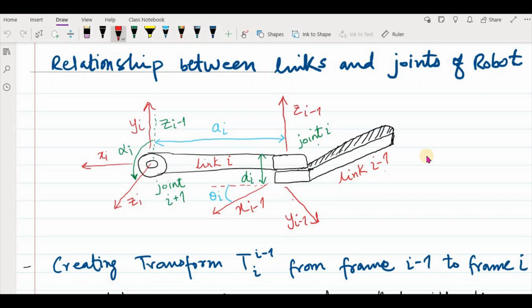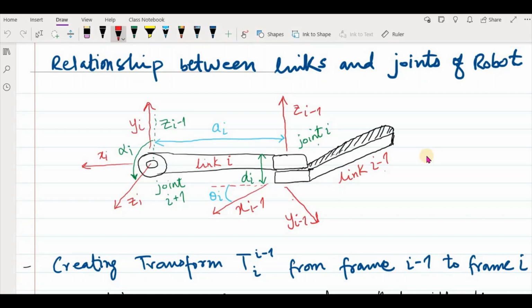Then we move to the link i and joint i plus 1, and we also attach a reference frame here, this red color here. Since any link attached with this joint will move along this z-axis, we have attached the z-axis here, and we have attached the x-axis along the length of this link, which is this way.